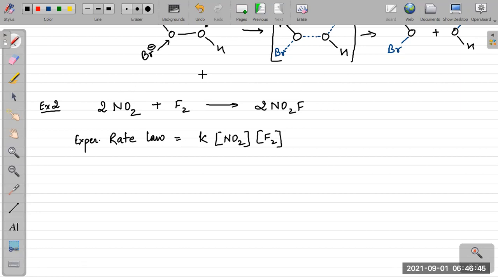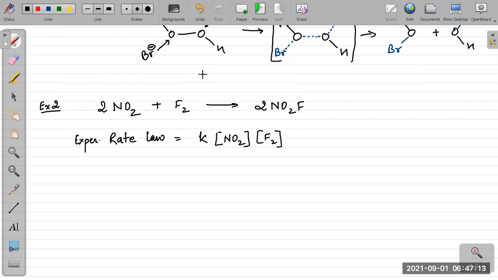So again here also, the problem which we are going to face is in the balanced equation, we have the stoichiometric coefficient of NO2 as 2. Now how can this be explained?